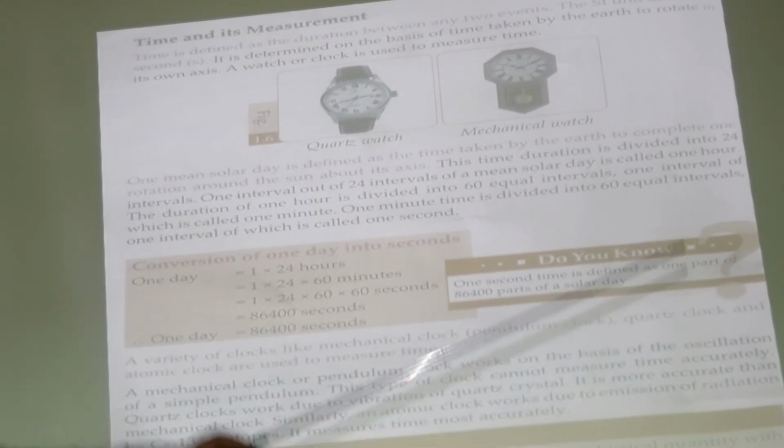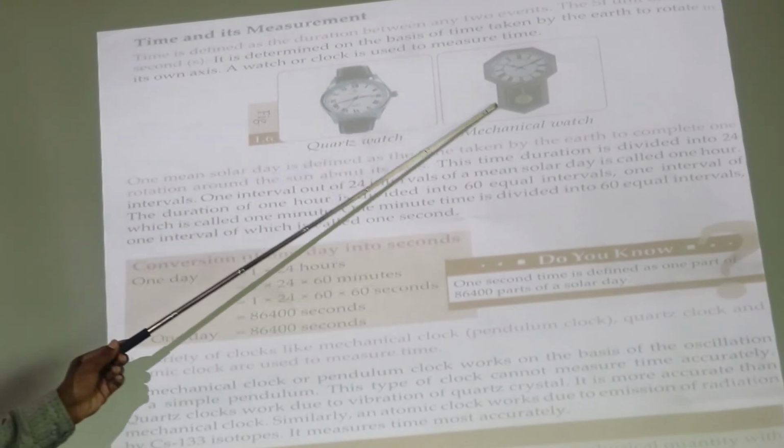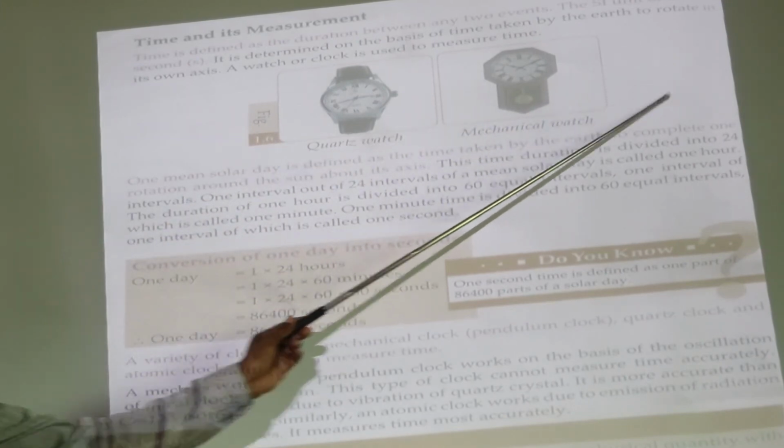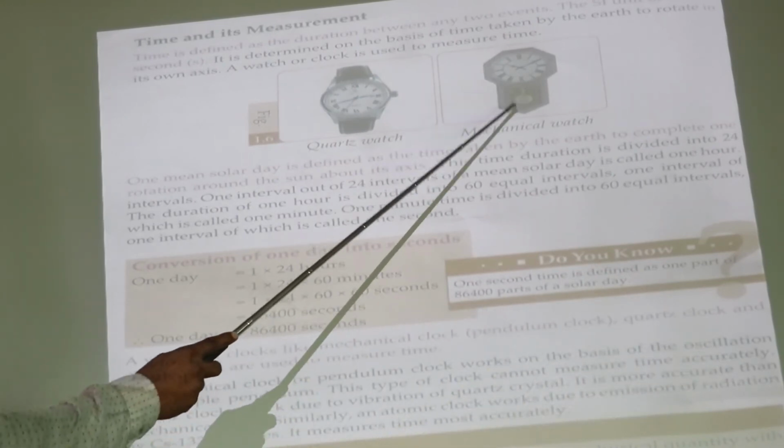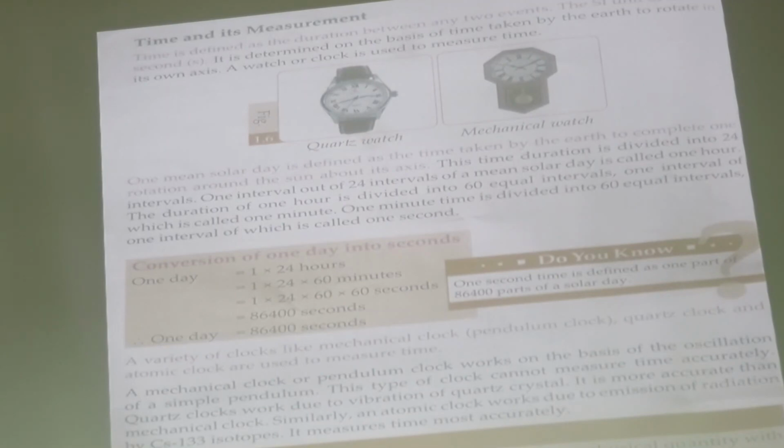Oscillation means going one time to the right side and then to the left side. These types of mechanical or pendulum clocks do not measure time accurately.